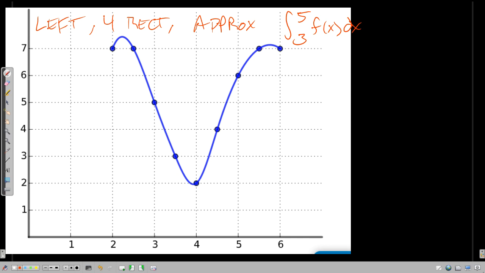You can almost see graphically here that since I'm just going from 3 to 5, and you've got to break that up into 4 rectangles, then each rectangle only has a width of 1/2.